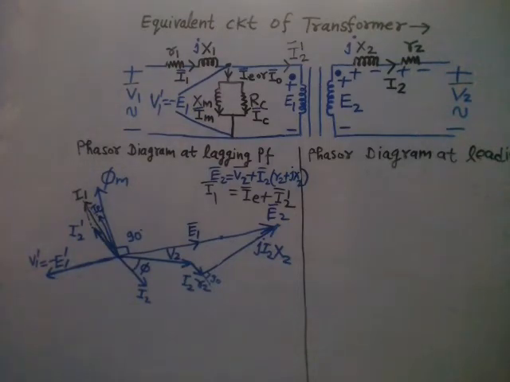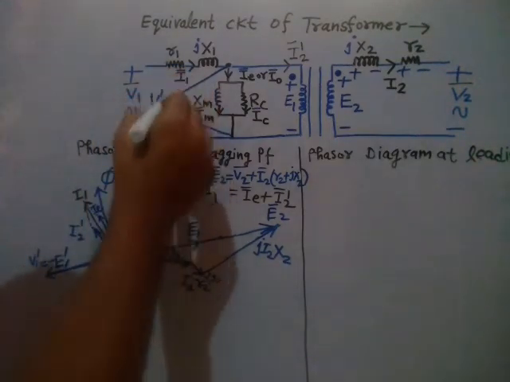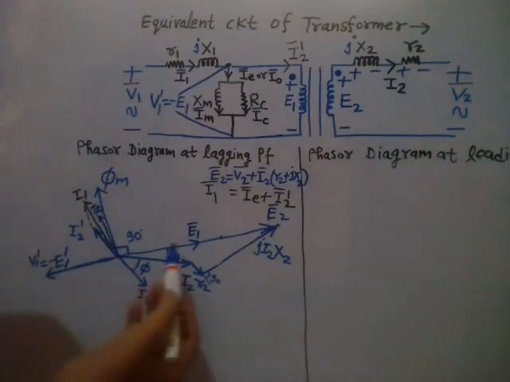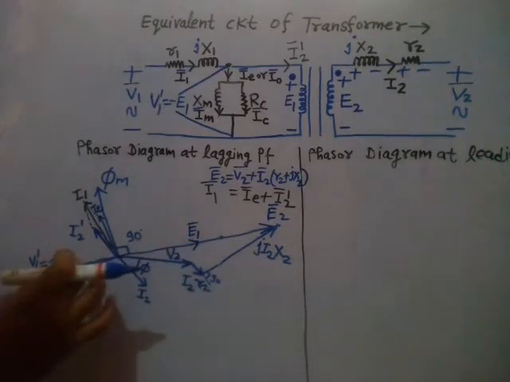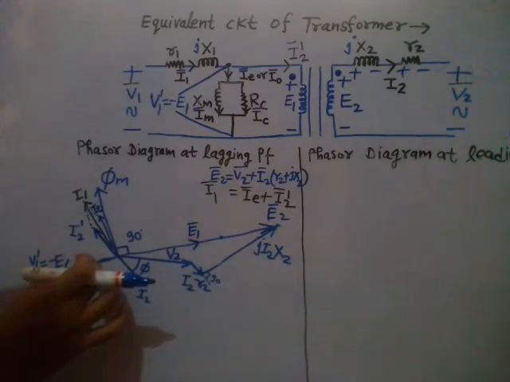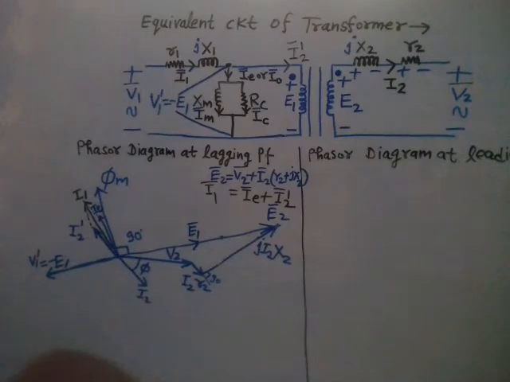Sorry, this is not E1 dash, this is E1, minus E1. V1 dash is equal to minus E1. I am taking the same phasor backside, so minus E1 is equal to V1 dash.